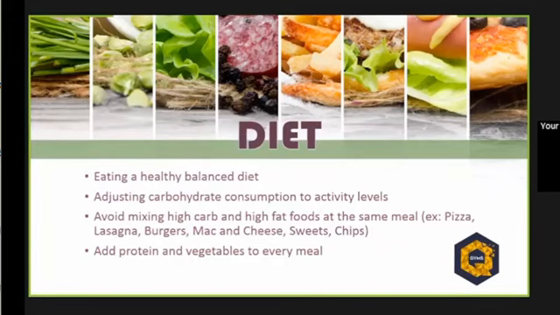So it's very important. And also, when you add protein and vegetables, the right way to eat your meals would be to start with vegetables, then eat protein, then eat carbs if you are going to eat them. So don't start with the carbs, but start with vegetables, protein, then carbs at the end.